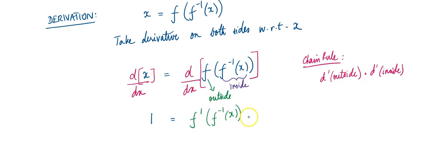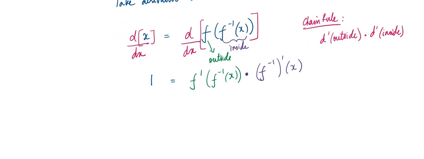That's the derivative of the outside times the derivative of the inside. The inside is f inverse, so you need to take its derivative to complete the chain rule. And that's basically it. So we now need to isolate the purple.